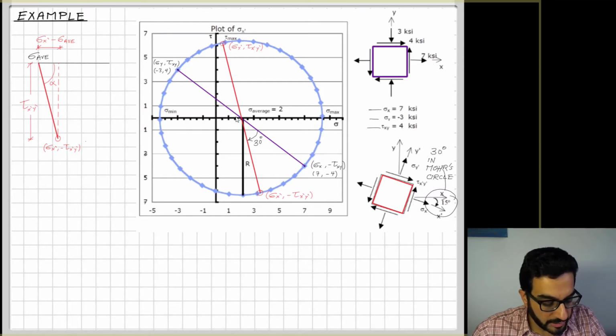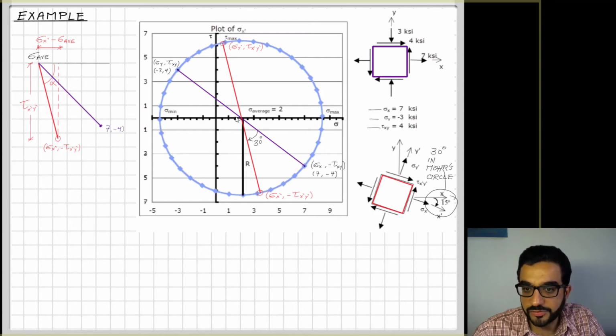So if I want to find sigma x prime and tau x prime y prime, basically the base and the height of this triangle, I first have to figure out alpha, the angle here. To figure out alpha, I have to deal with another triangle, the one given to us, that connects sigma average and sigma x and negative tau xy.